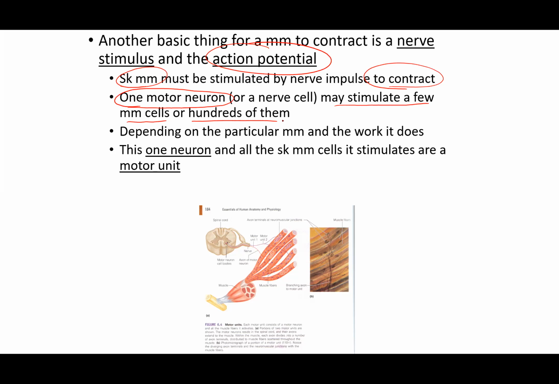Your quad muscle allows you to jump and run and pick up heavy things. It's much different than the hand. The details that the nervous system has to go through to operate your fingers in your hand is a little different than how it operates your quad muscle.